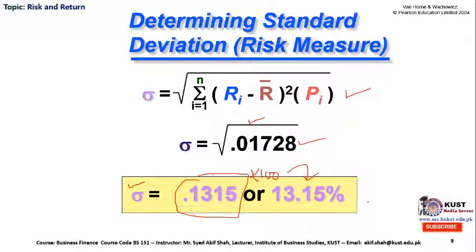So let's say the limit for a particular investor to take a certain amount of risk while he or she is going to invest his money is, let's suppose, 10%. So after calculation, if this standard deviation is greater than 10%, which is the desired risk of the investor, then the investor's decision will be not to invest his money in this particular stock.